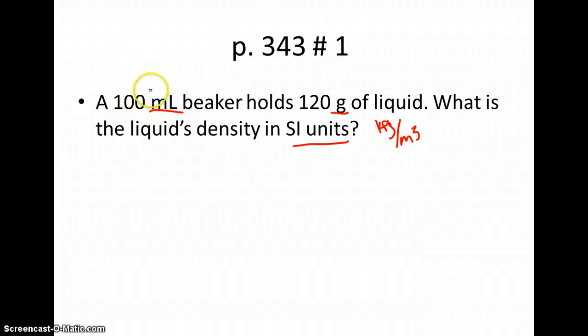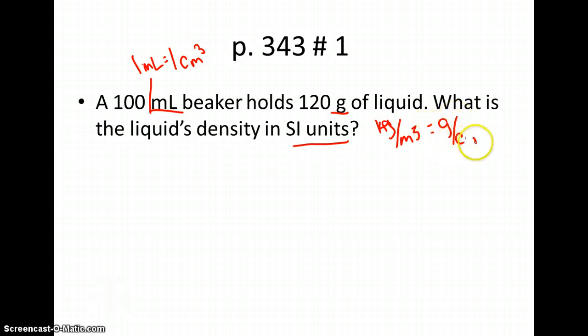The good thing about milliliters is that I know 1 milliliter is also equal to 1 centimeter cubed. And so I do have a conversion for grams per centimeter cubed. One of these is equal to 1,000 of these.